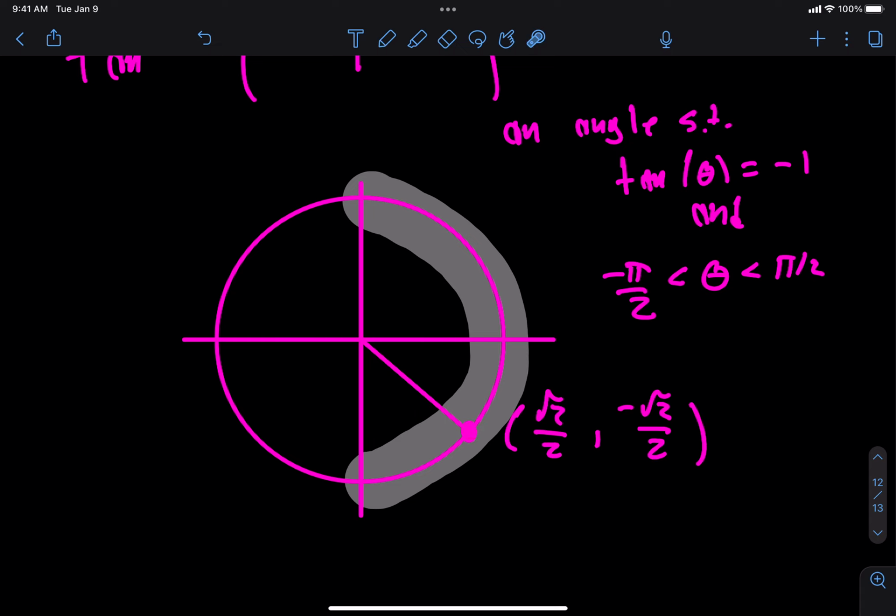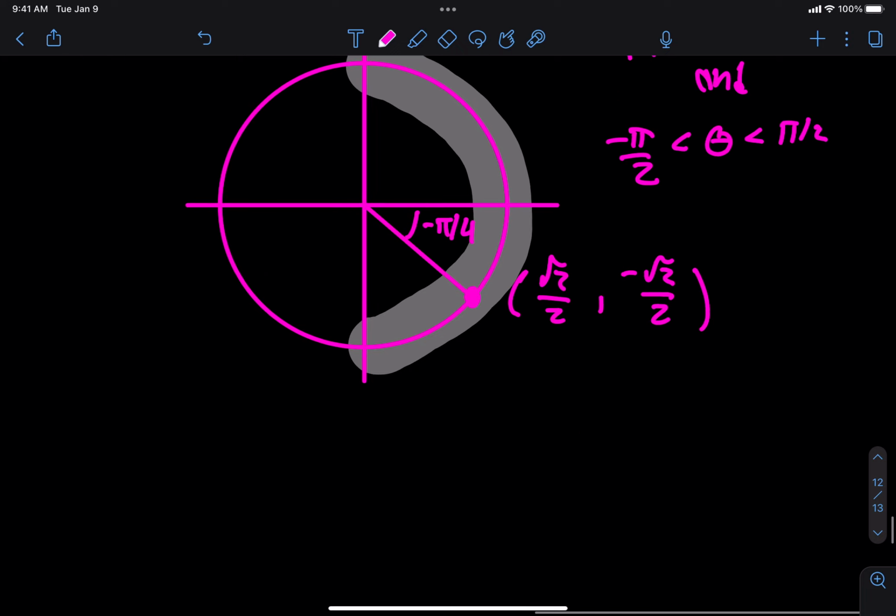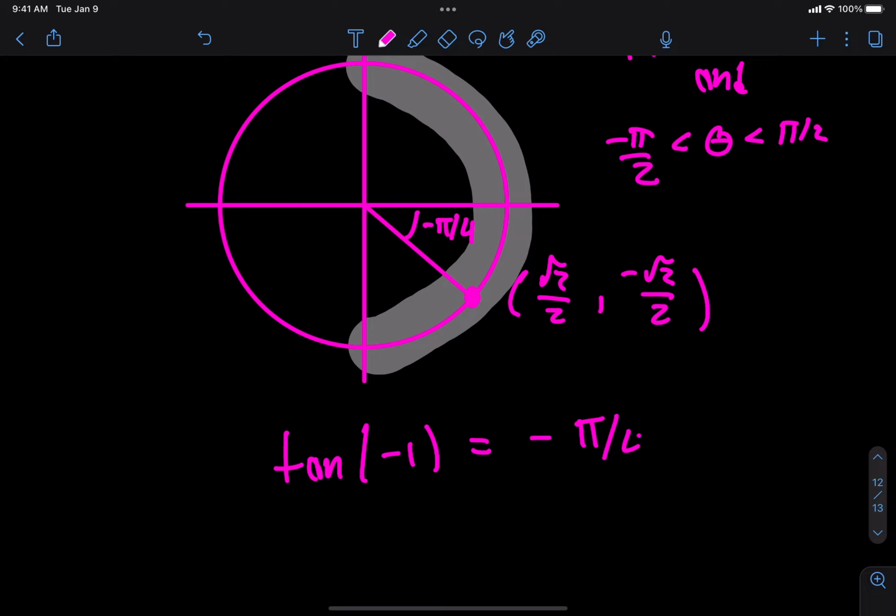And I need to find the angle such that it points at this point, and the angle measurement is between negative pi over 2 and pi over 2, which leaves us with just one angle as a possibility. That was the whole point of restricting ourselves to the right side of the unit circle, is we only want one possible answer. And that answer would be the angle negative pi over 4. Okay, so tan inverse of negative 1 is the number negative pi over 4.